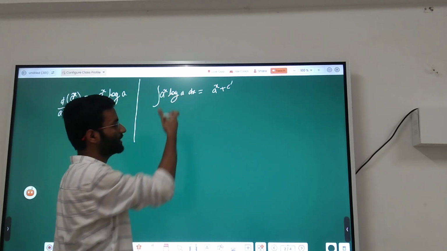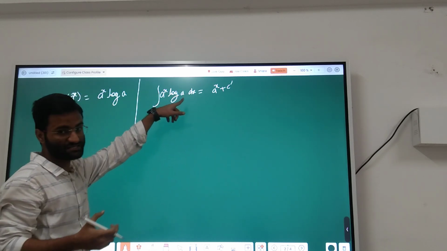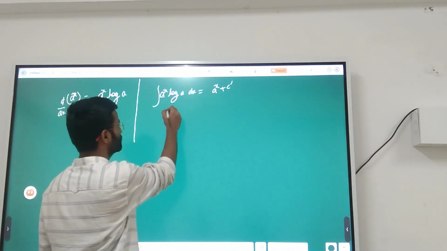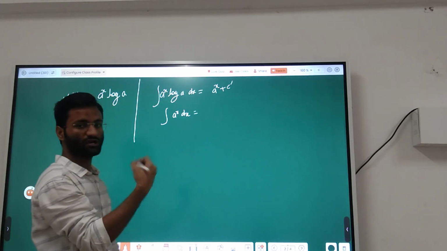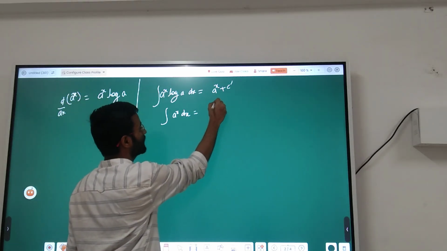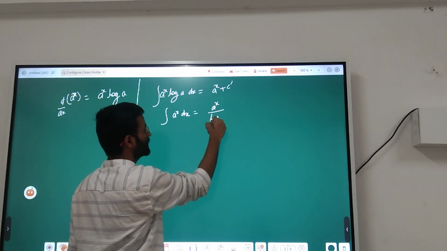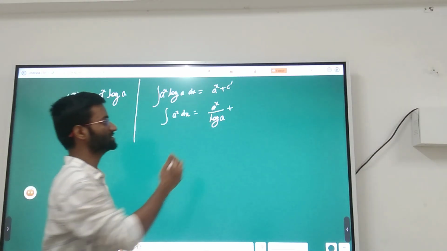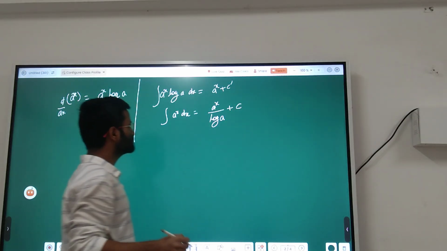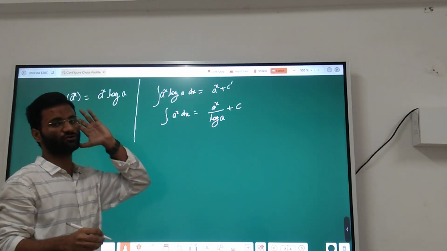You can divide by log a, because log a is a constant and x is a variable. So the integration of a to the power x dx is a to the power x upon log a plus c dash upon log a, and I am giving it a special name, which is c. So in this way you have to keep all these formulas in your mind.